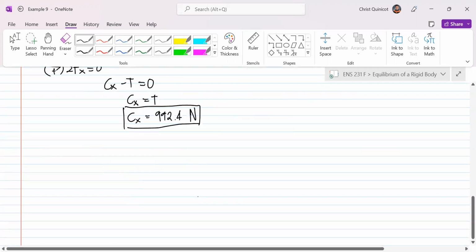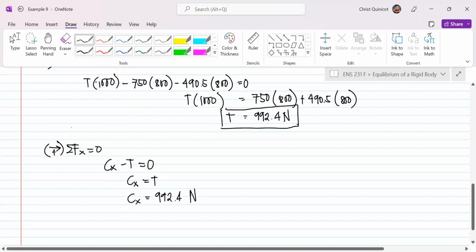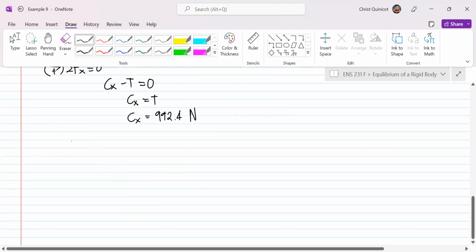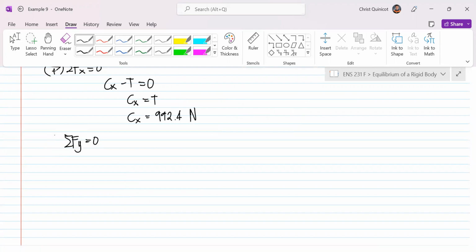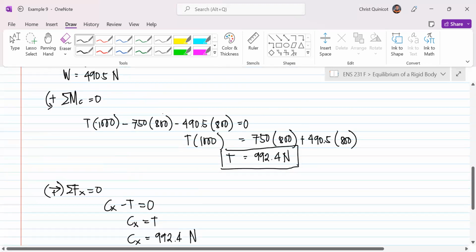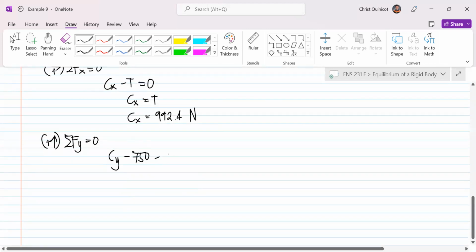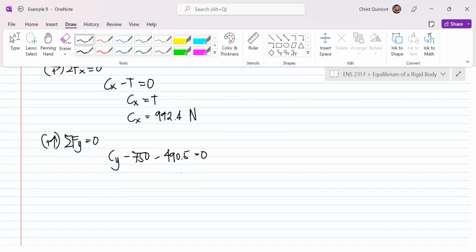Now for our y. Summation of forces y is equal to 0, assuming upward positive, and this should give us C sub y minus 750 minus our W, which is 490.5, is equal to 0.